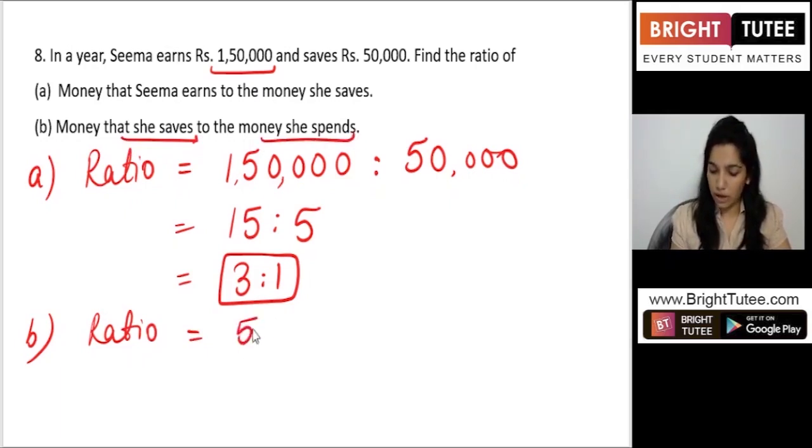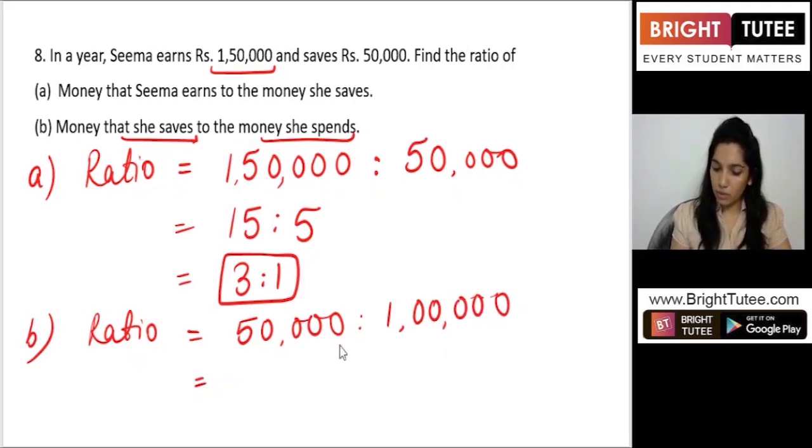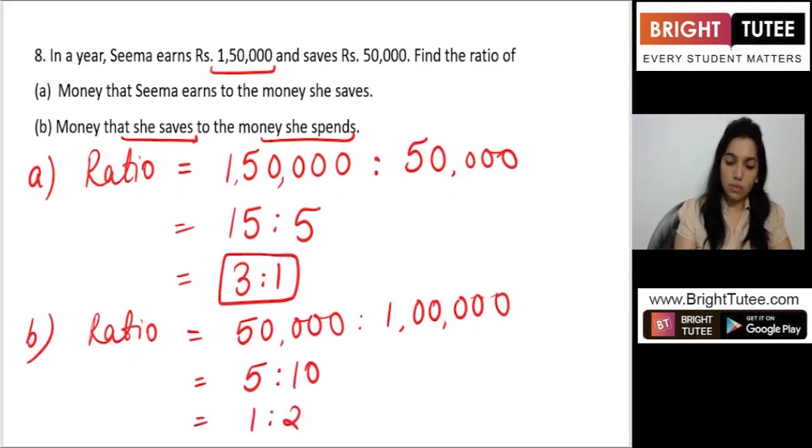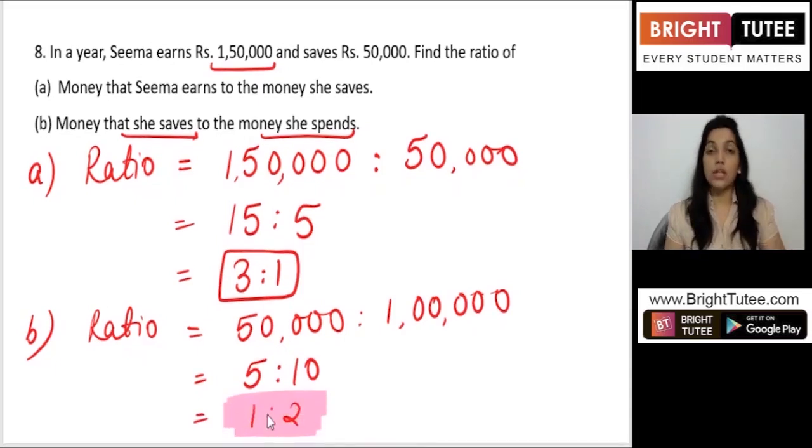She is saving 50,000, and spending 1 lakh, right? So let us divide both these numbers by 10,000. It will be 5:10, and further simplifying, 1:2. So this means whatever she is saving, twice of it she is spending.